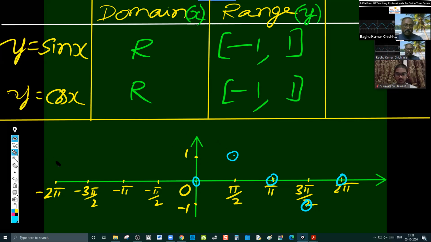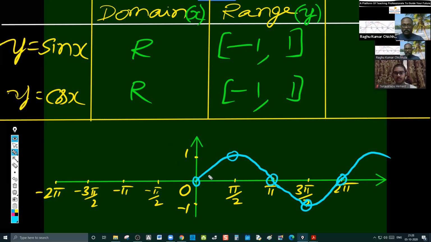That is the reason why if you draw this graph, you will understand why the sine graph is said to be a wave. It will form like a wave, sine wave. We call it a sine wave. It will go like this. And similarly, if you mark the points at the other side also, you'll be getting the same.